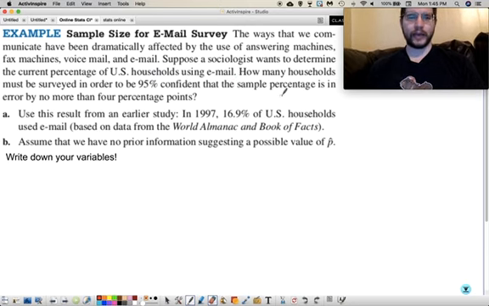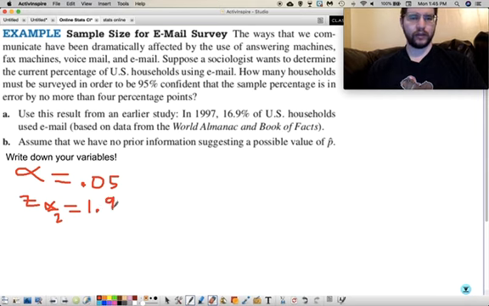So let's write down what we got. Our confidence level is 95%. That means alpha is 0.05. And just by memory, that means z of alpha over 2 is 1.96. If you don't have that in your memory, do an inverse norm. Don't forget to cut alpha in half.